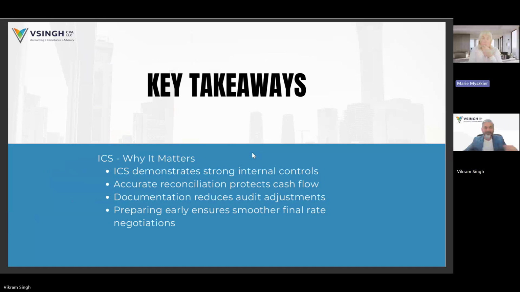No. Okay, key takeaway: at the end of the day, with an incurred cost submission, you may or may not be required to submit this. Even if you're not required to submit this, it is a practice that everyone should follow. Why? DCAA doesn't need it, but I think it's a great key performance indicator.